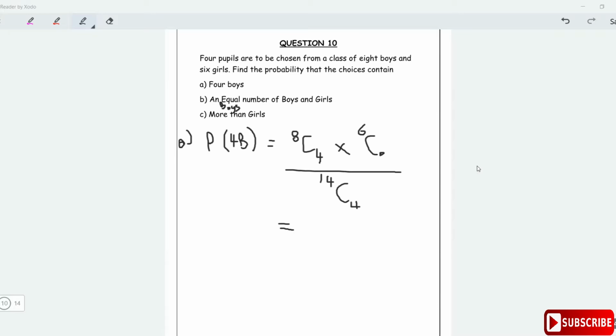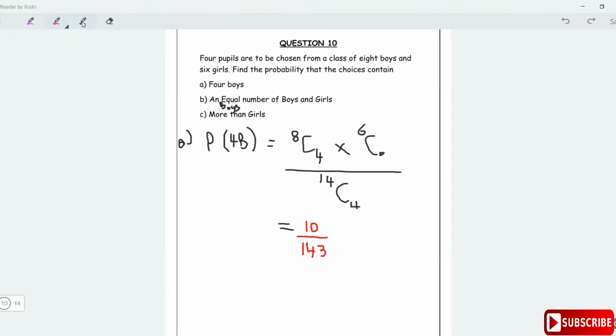That works out to be 10 over 143. That's it. Nice and easy.